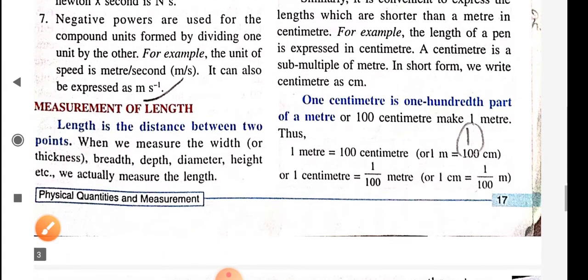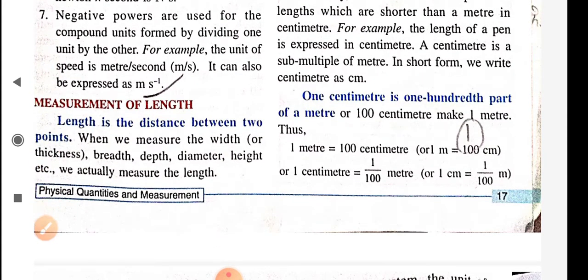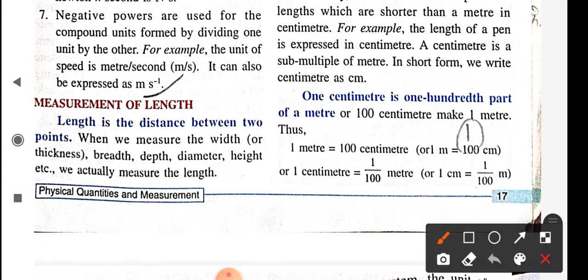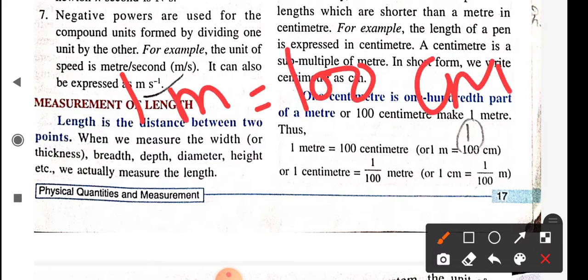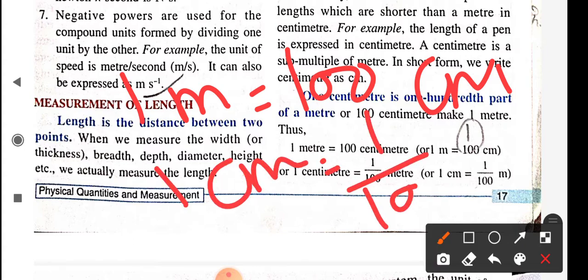Now 1 centimeter is the 100th part of a meter. How many centimeters are in 1 meter? 1 meter equals 100 centimeters, and 1 centimeter equals 1 upon 100 meter.